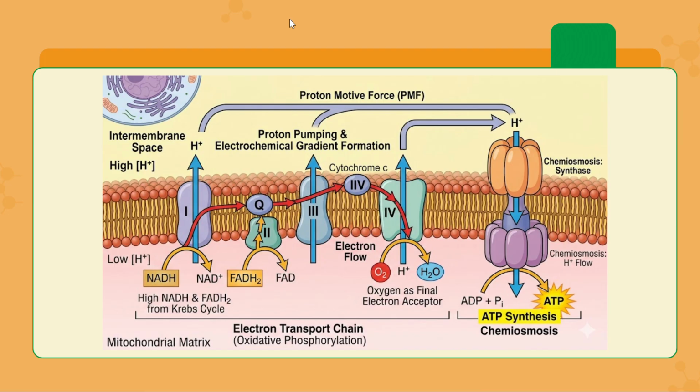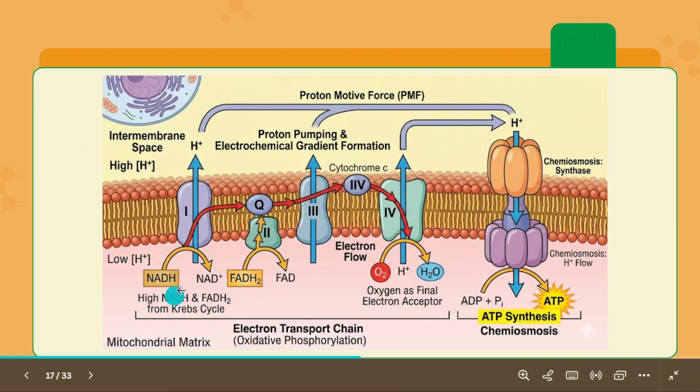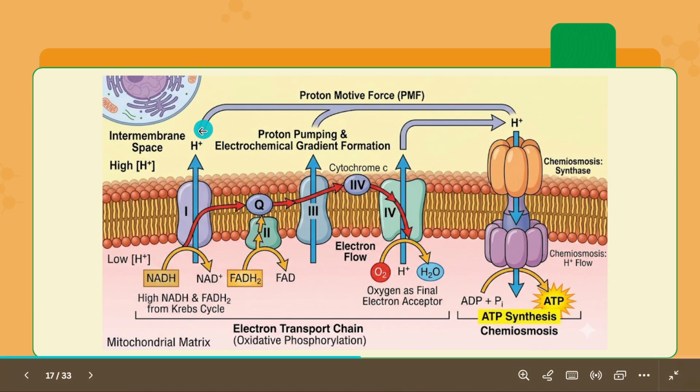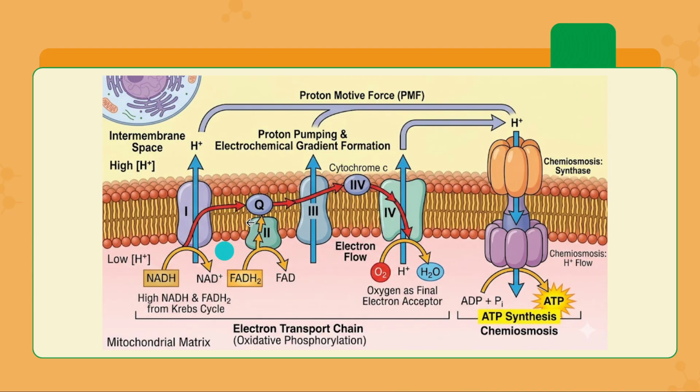In this context, NADH releases its H plus and then goes into complex 1, and then through this red arrow to complex 2, complex 3, and then complex 4, and then it releases H plus and becomes NAD plus.